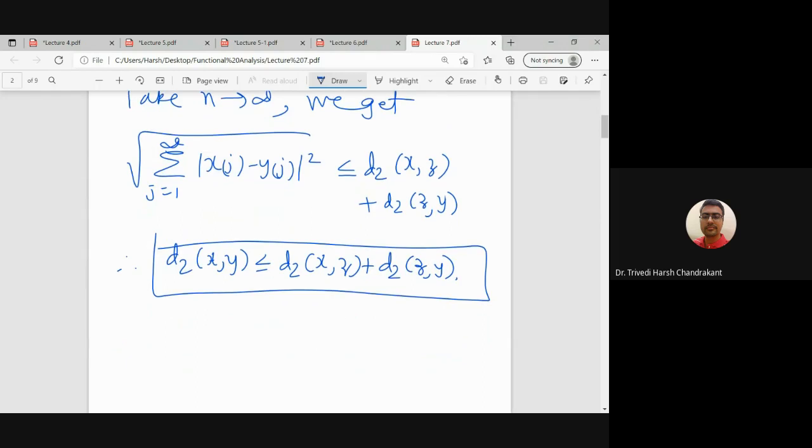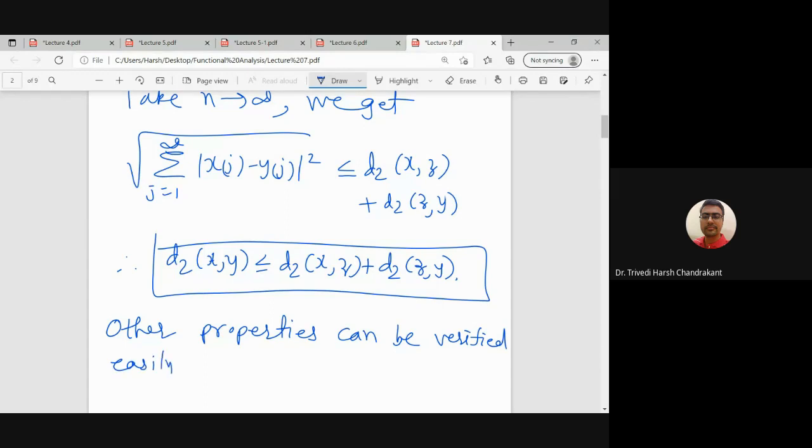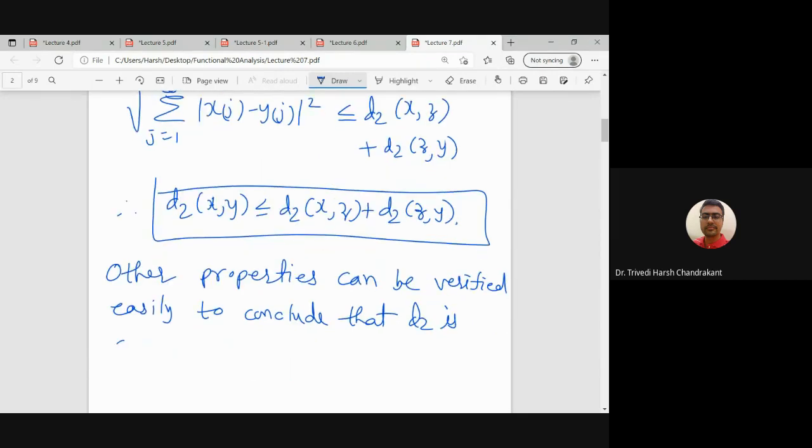Other properties can be verified easily to conclude that d2 is a metric on L2.